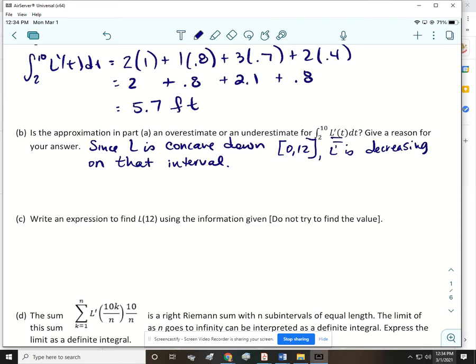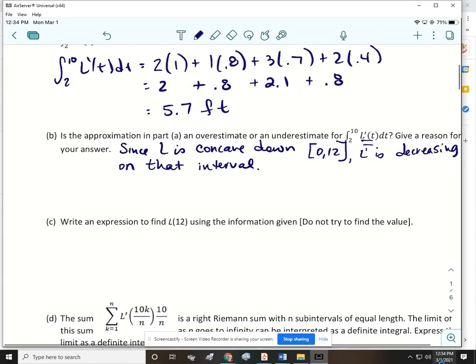You may or may not remember the rule for left Riemann sums with a decreasing function. If you don't, it's okay. You know how to draw a decreasing function. And then a left Riemann sum, the left side of the rectangle sits on the curve. So is that over or under? Over.